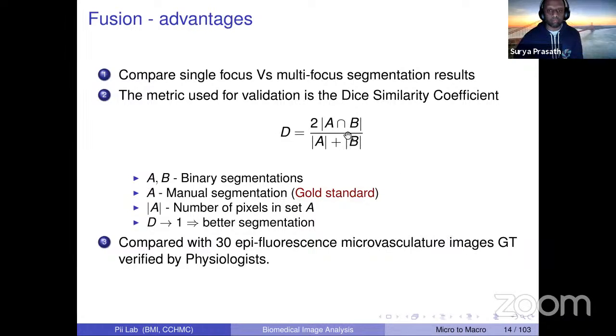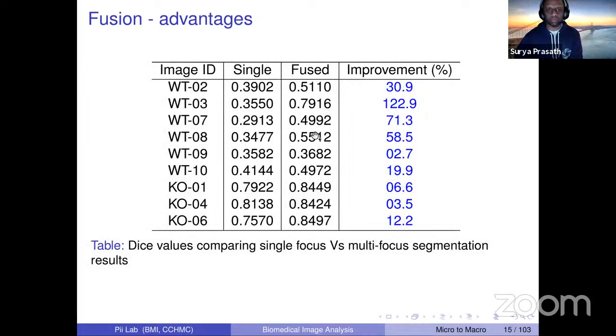For this, we used a metric which is very widely known in image processing, the dice similarity coefficient, which is basically an overlap between manual segmentation, which we take from 3 physiologists, where we took a consensus, that's our set A, and automatic segmentation is B. I'll talk about the segmentation models in a bit, but just by fusing, from say a single optimal image to the fused master image, we got sometimes 122% improvement in the segmentation results.